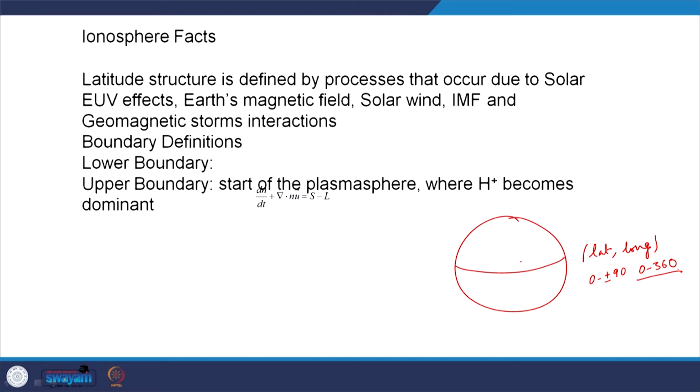Now, the overall structure of the ionosphere, that means having distinct layers D, E, F1 and F2. These 4 layers are distinct in the sense that they have clearly defined parameters, which is why we call them the D layer, E layer, F1 layer, and F2 layer.